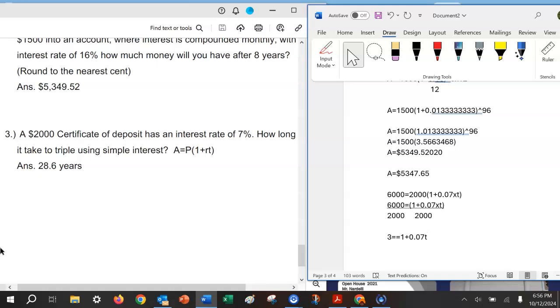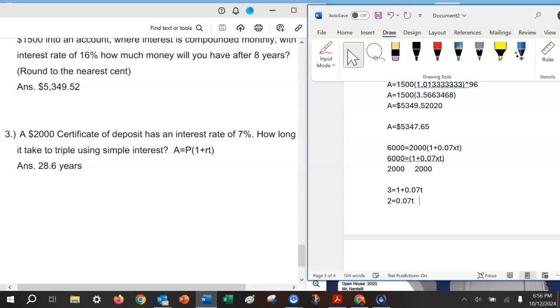Okay. Let's make it nice. So now I'll subtract 1 from both sides. So that gives me 2 equals 0.07t. Boy, I'm really doing good here, aren't I?